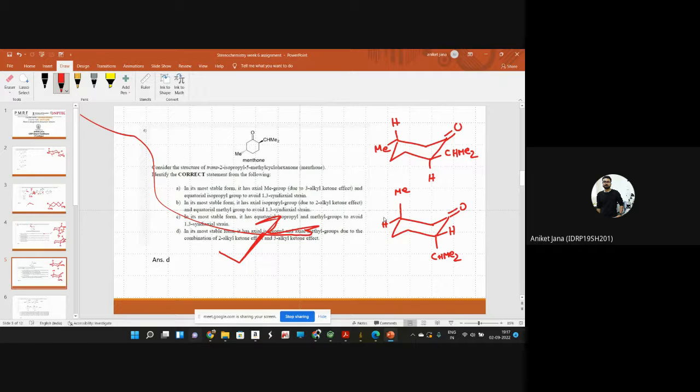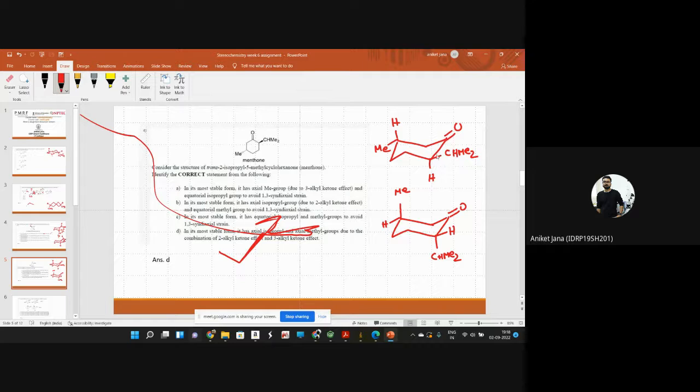So tell me, the first one will be di-equatorial. Exactly, in the first one, both methyl and the CHMe2 are in the equatorial form. So this is the di-equatorial form. And in the second case, there is diaxial. Both are in the axial. So this is the diaxial form. Okay, so in case of option 1, this is the di-equatorial form.